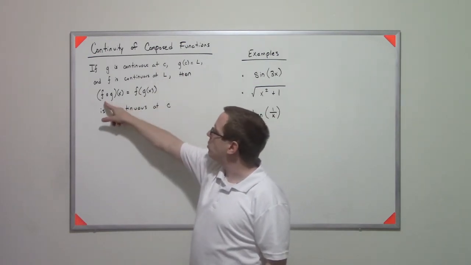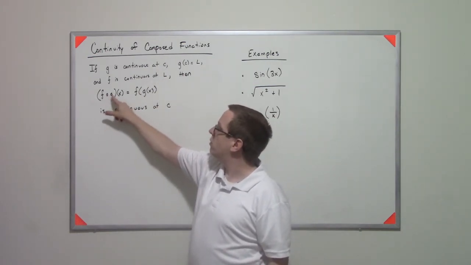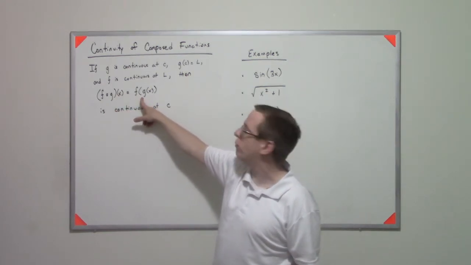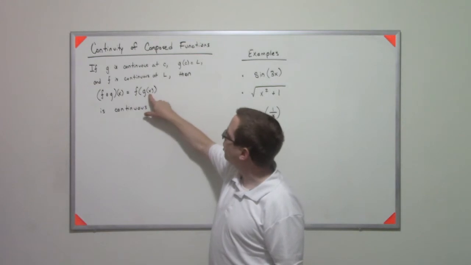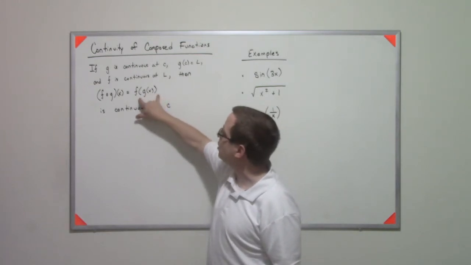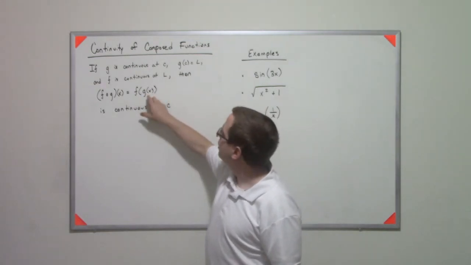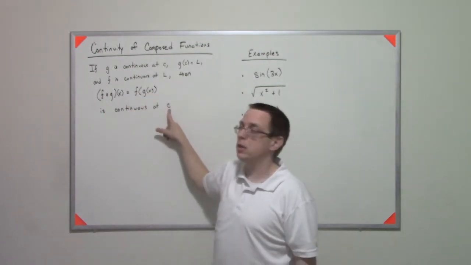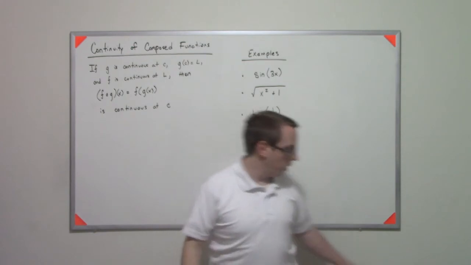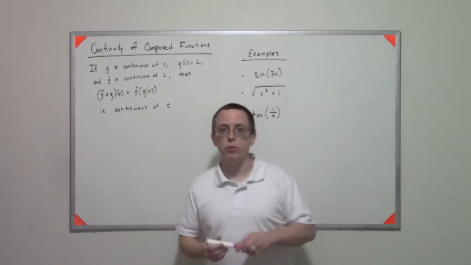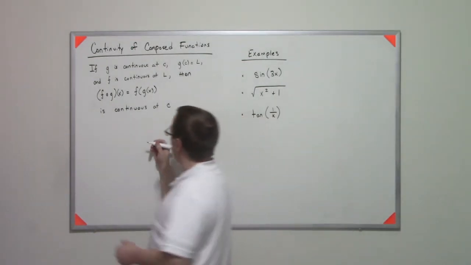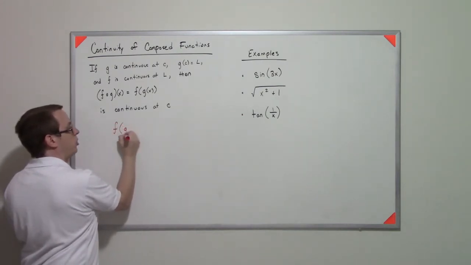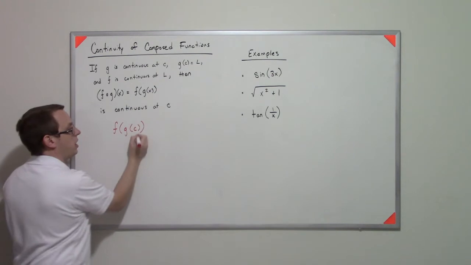Then when I do this composition, f of g of x, which I prefer, I think this is a little more straightforward because you're saying plug it into g and then take that value and plug it into f. Then this function is continuous at the original input. Because what happens here, I didn't write this before, but you're really saying f of g of c, right?